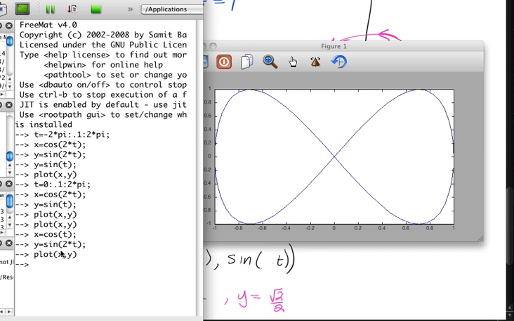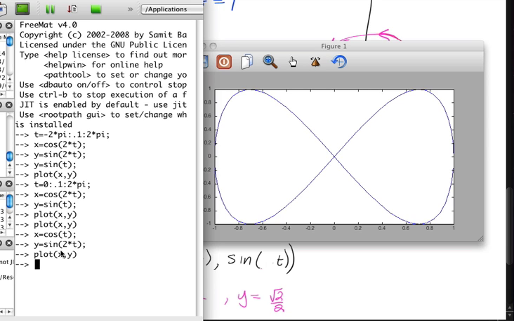And notice that when t is pi over 4, the y value is 1, and the x value is root 2 over 2, so then we're up here. After that, the y value starts decreasing, and then you keep going. It's just different.